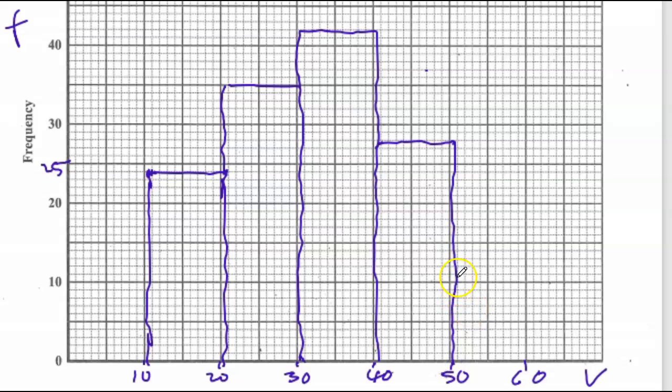And the final one, the height is 21. 21 is 1 above the 20, right? It should be here, and the x value is 60.5. That's the value. And of course, all your lines are meant to be straight and neat, and should look way more attractive than mine.